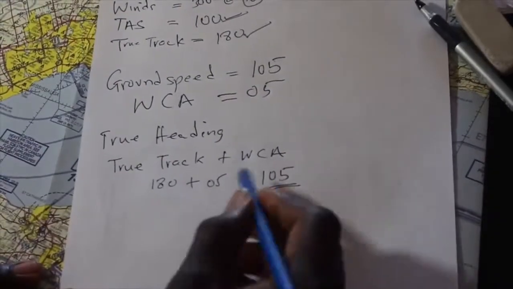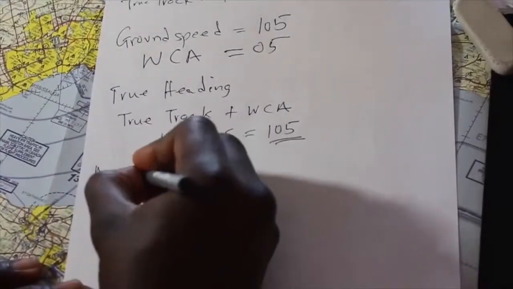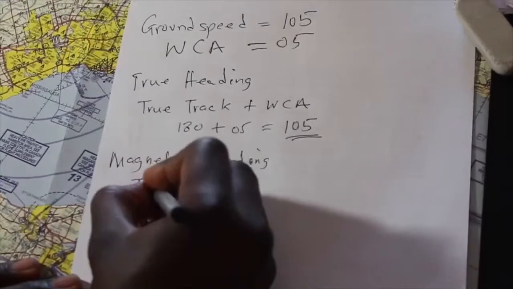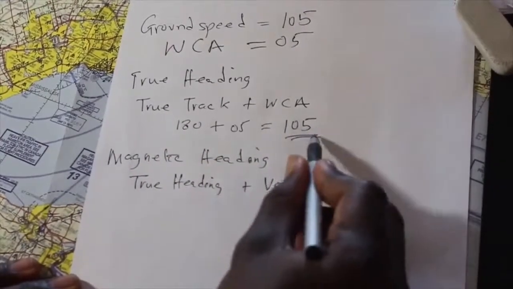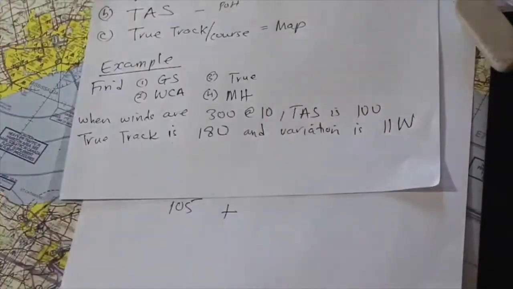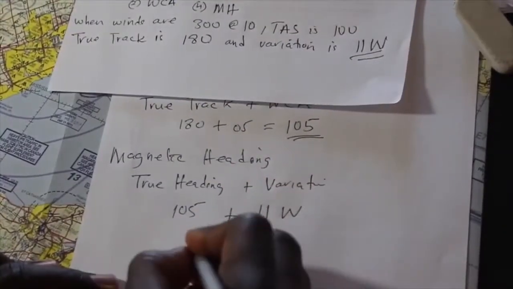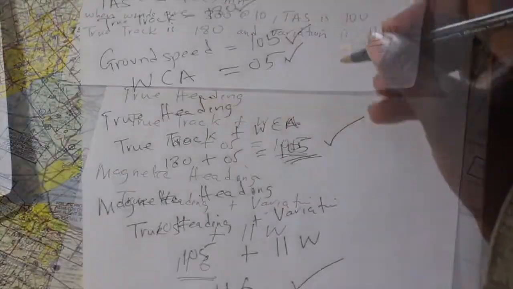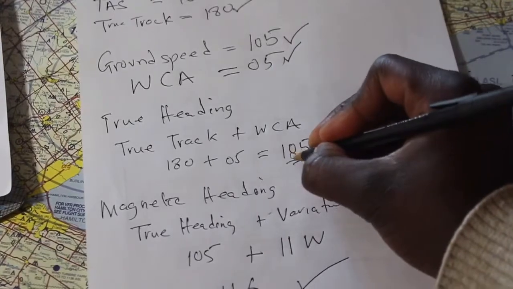Now to calculate our true heading, true heading is true track plus wind correction angle. We have our true track as 180 earlier, so we just add our wind correction angle to give us 105. And to calculate our magnetic heading, it is true heading plus variation. So our true heading is 105. Our variation from the question was 11 degrees west, so we add it here. It's going to give us 116 as our magnetic heading. Sorry, 180 plus 5 is 185.